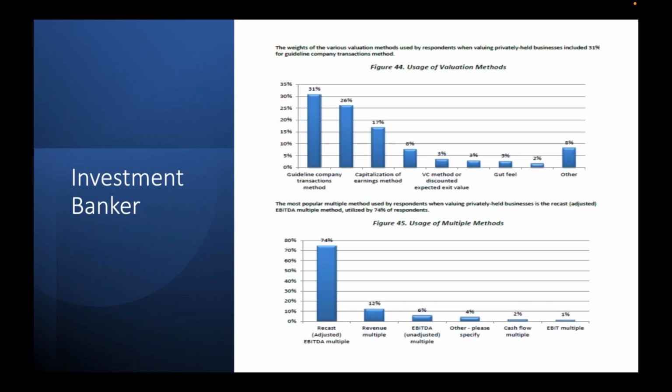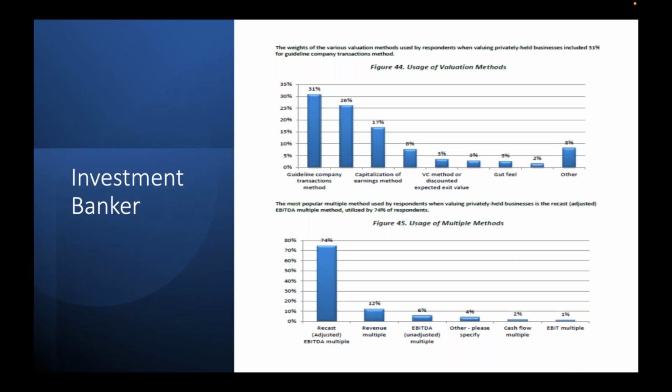takes us into the realm of more established businesses and investment banker survey data. And you can see the valuation methods change completely, whereby the main method is a guideline company transactions method, which is to say they're looking at what did other similar companies sell for, essentially.